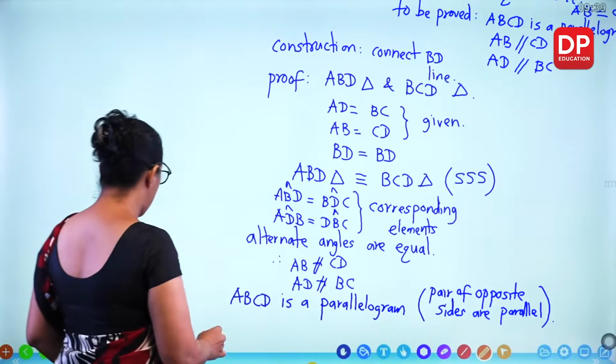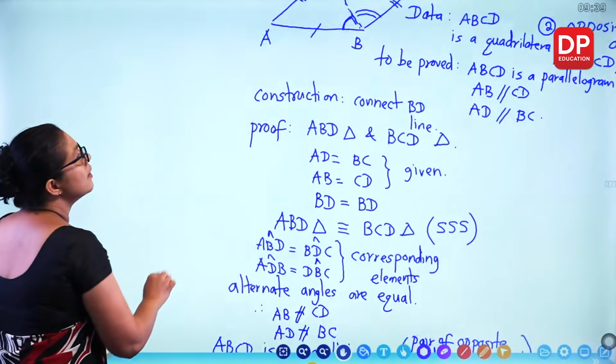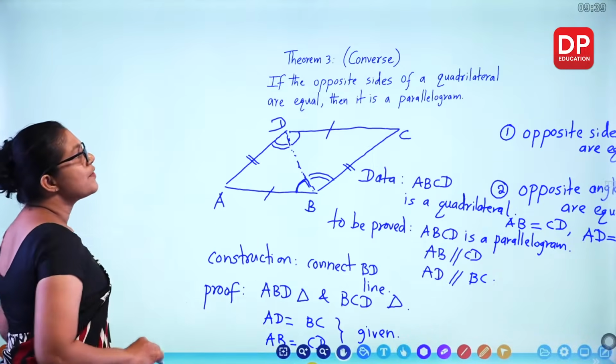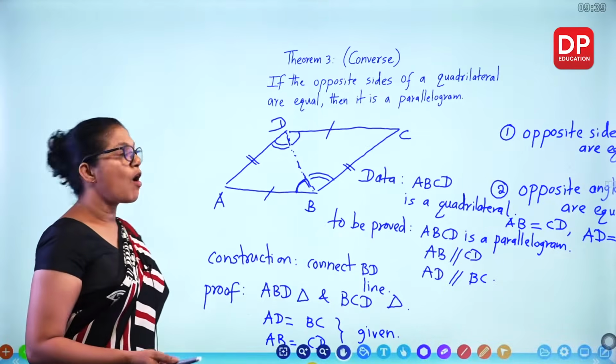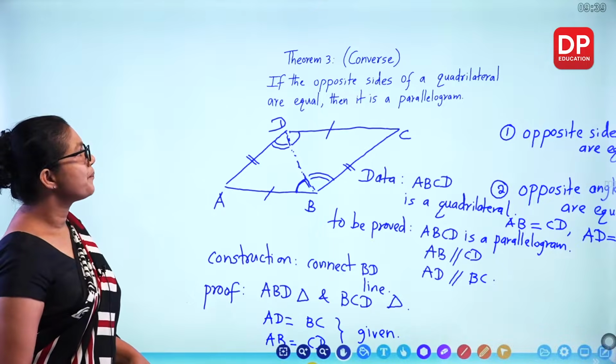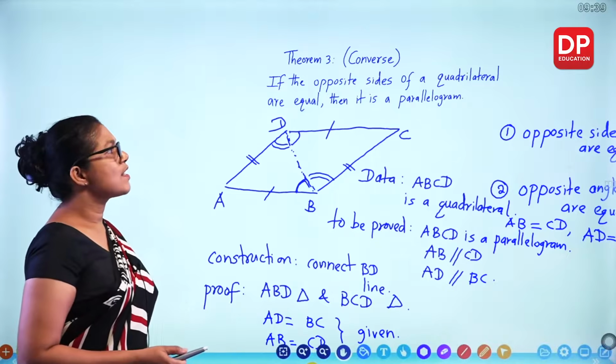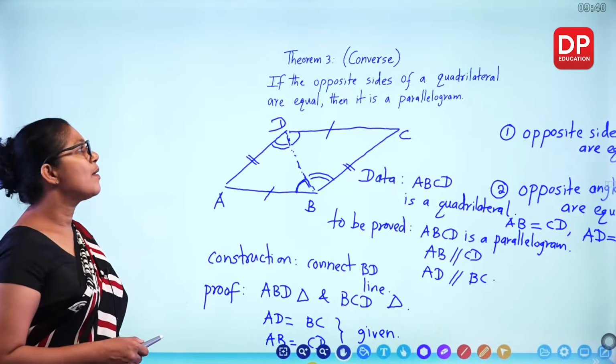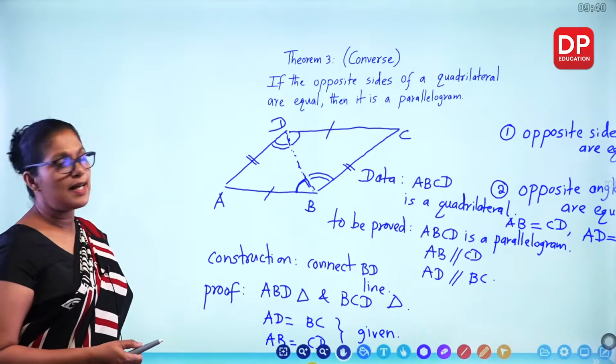So we proved that. Theorem number 3, the converse of theorem number 1: if opposite sides of a quadrilateral are equal, then it is a parallelogram.